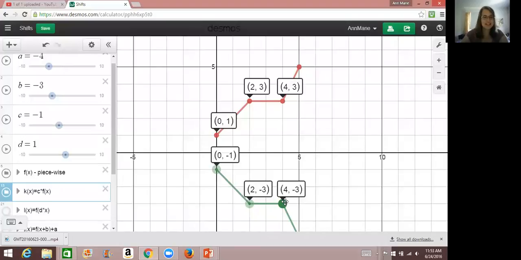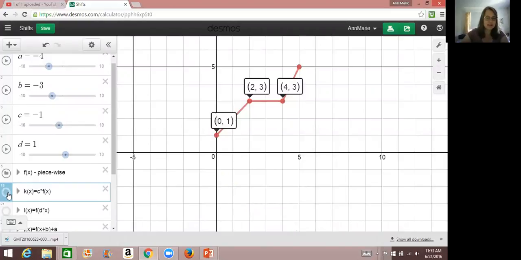Now, what does a reflection inside the parentheses do? Well, let's turn this off. What do we think it's going to do? Turn this one on, and let's reflect on the x's. What happened? We reflected across the y-axis, right?